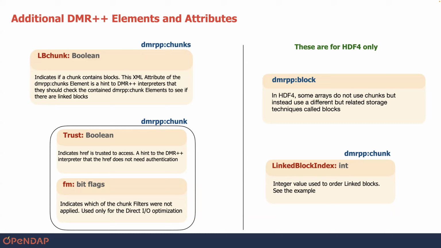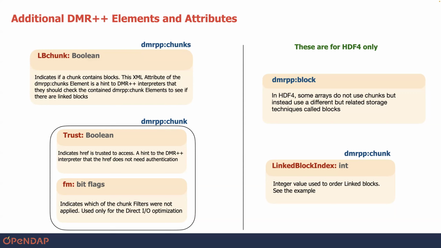You don't technically need to know this to read the chunk off disk, but you probably need to know this if you want to decode it, if any of the bit flags are set. If the value of FM is 0, then you're being told that all of the filters worked just right, and you can expect inflate, unshuffle, and Fletcher32 to work, like in the previous example we had at the beginning.